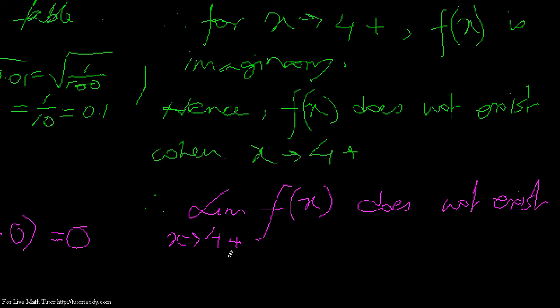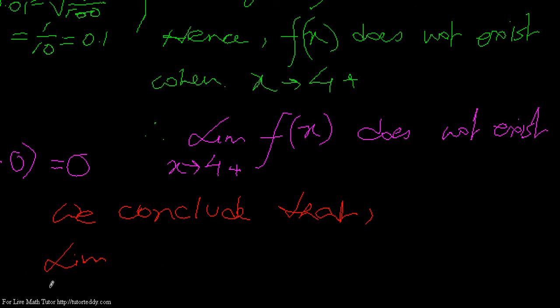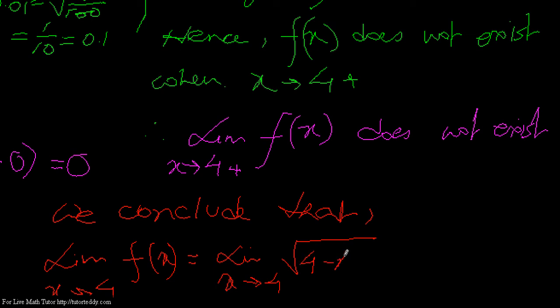So we can conclude that limit of f(x) as x tends to 4, my function was square root of 4 minus x, does not exist.